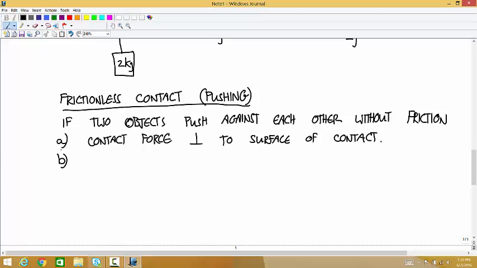And second, the contact force is toward the chosen body, away from the contacting body.